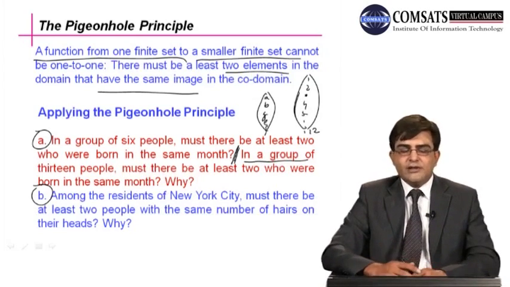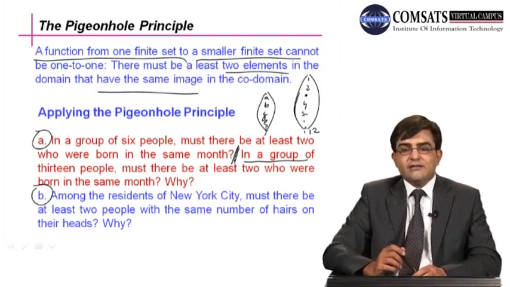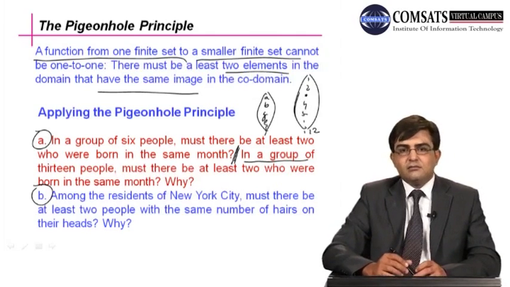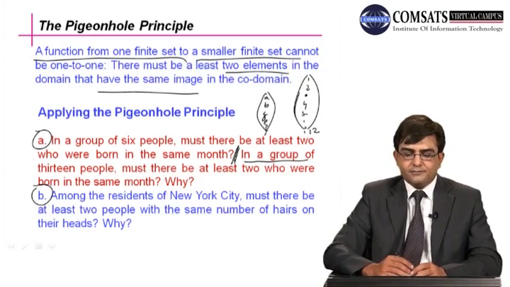But here the domain set is smaller and the codomain set is the larger set. So we cannot apply the pigeonhole principle here.